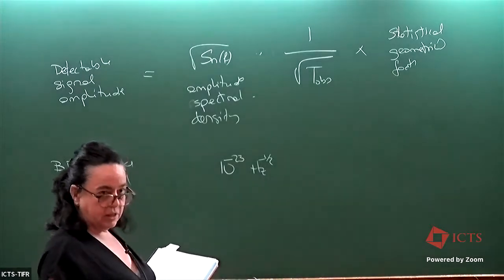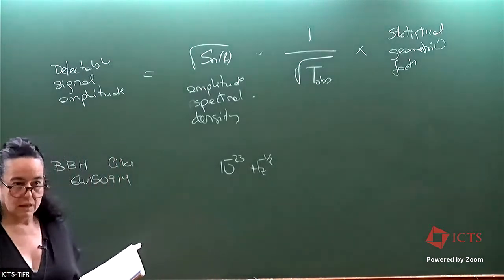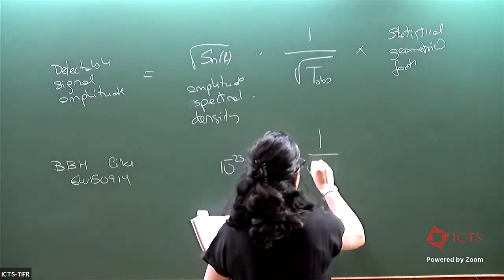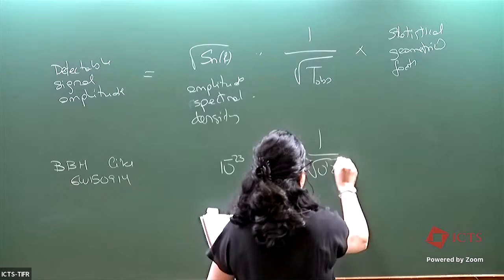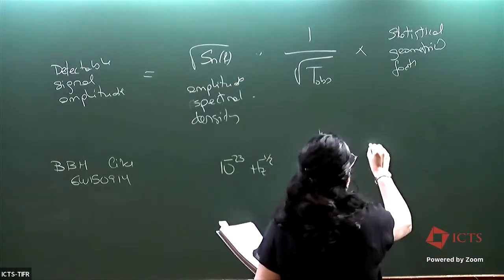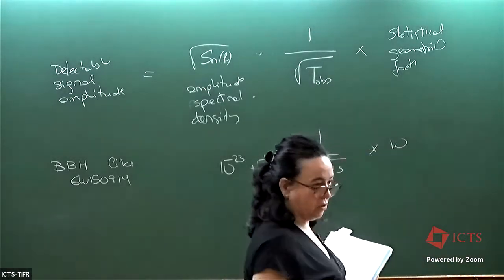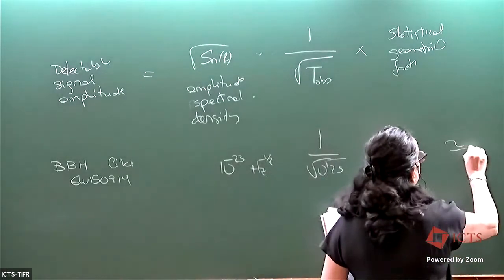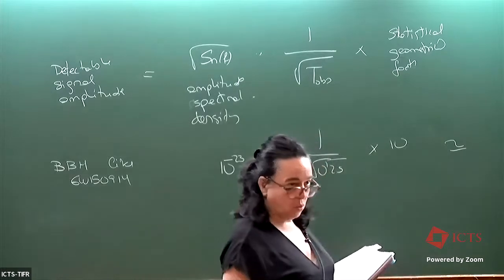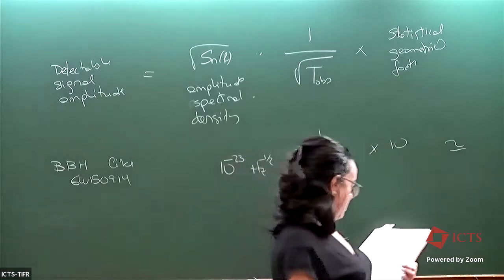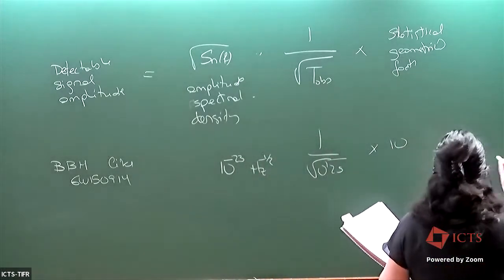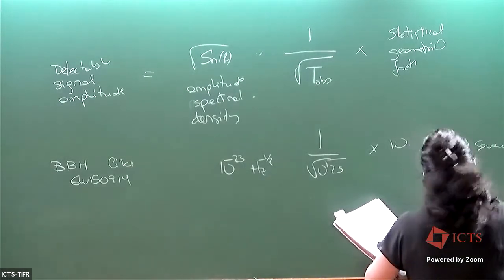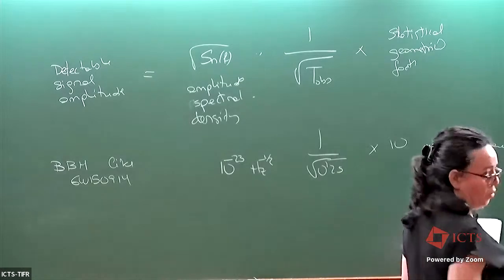In that case, the duration of that coalescence was 0.2 seconds. And here we can put some trials factor of 10. This tells us that the minimum amplitude that we will be able to observe will be of the order of several times 10 to the minus 22.